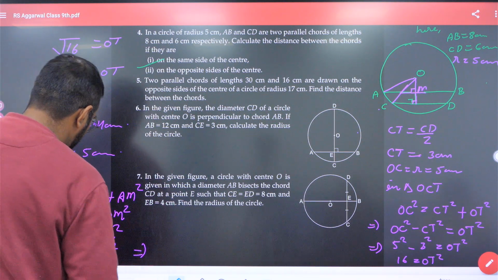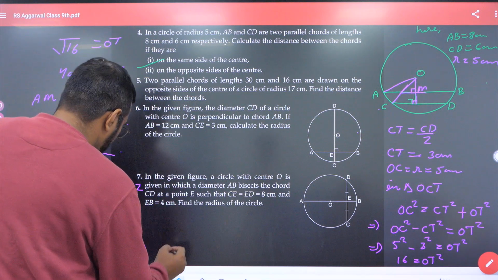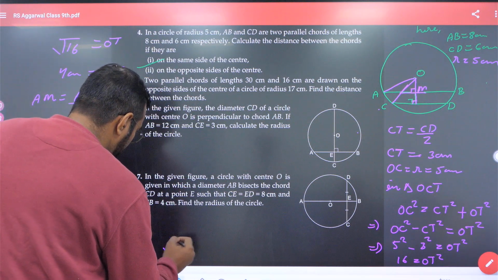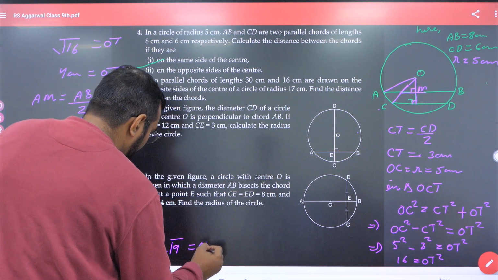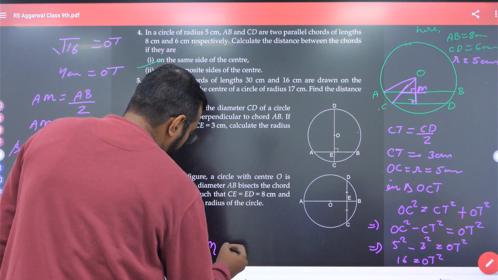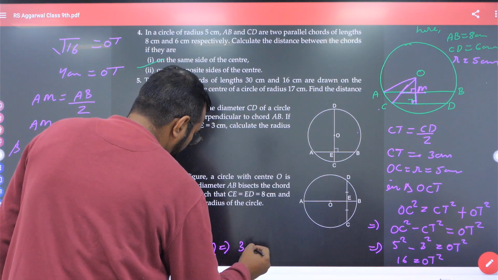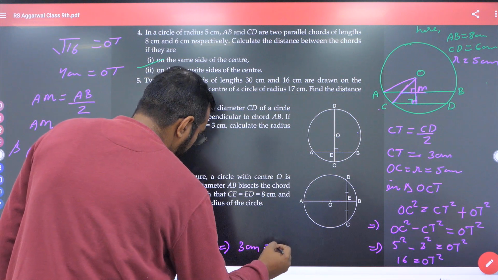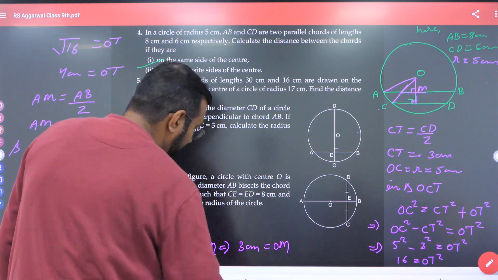Now this implies that under root 9 is equal to OM, or you can say 3 centimeter is equal to OM.